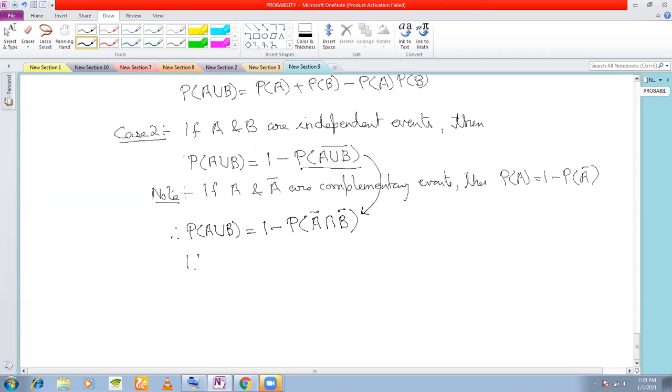Now, if A and B are independent events, then the complementary event must also be independent, right? Yes, sir. If A and B are independent events, then A bar and B bar are also independent events.